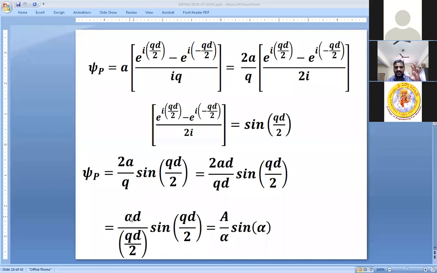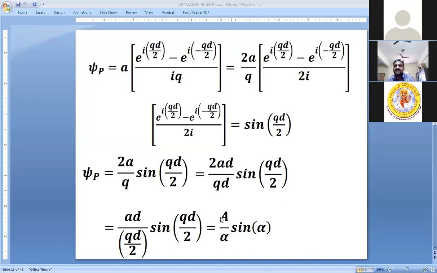It won't be 1 centimeter, but just for mathematical simplicity, I am saying that A is the amplitude received per 1 centimeter. Then if there are d centimeters of slits, let us say d is some 5 centimeters for mathematical simplicity only. So what is this A into D giving you? Is it not the amplitude of light received for 5 centimeters, right? So that's what I am calling as capital A.